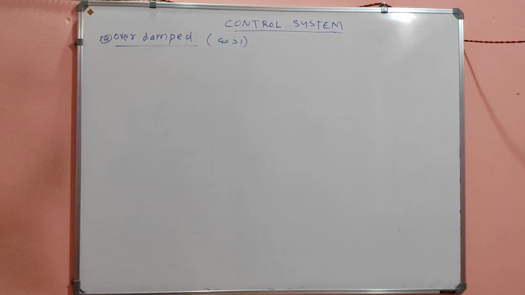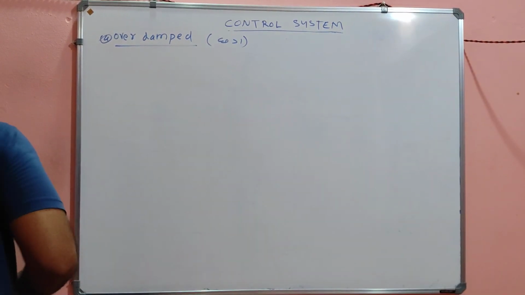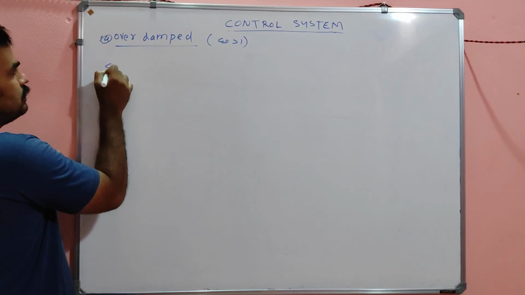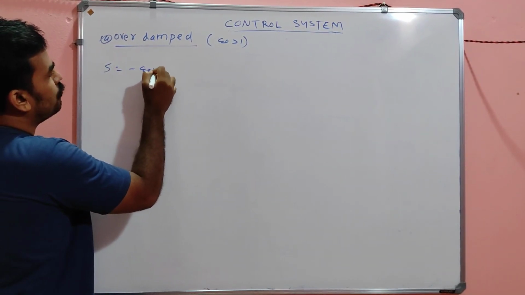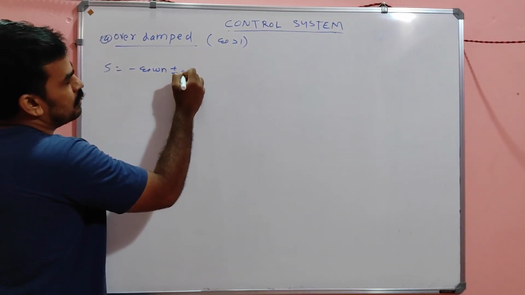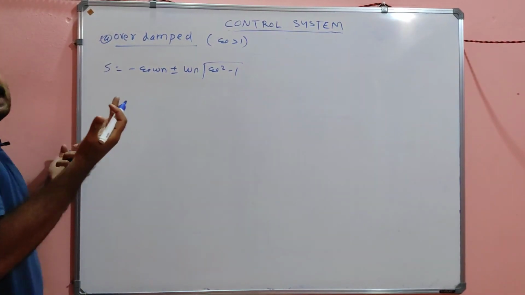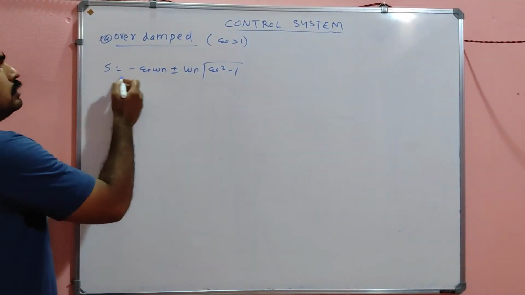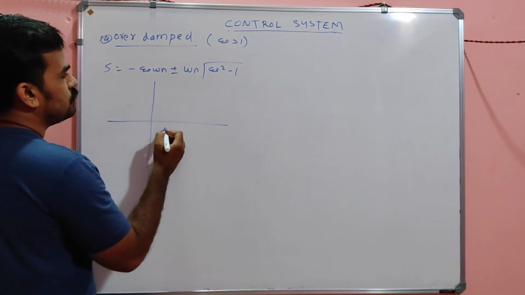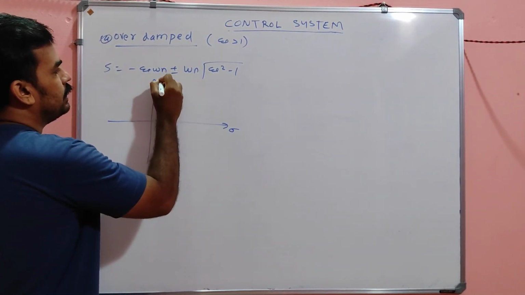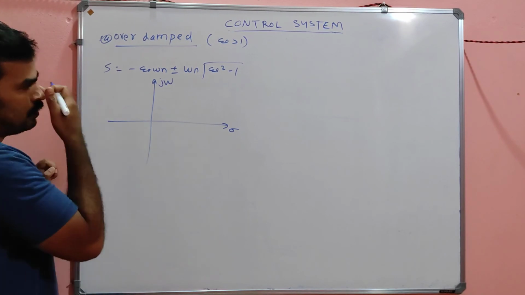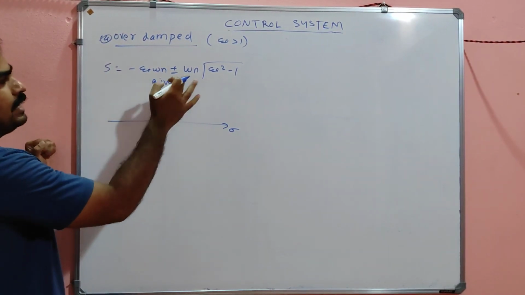So what will be for the over-damped case? Over-damped condition. We have the general value of s equal to minus theta omega n plus or minus omega n root of theta square minus 1. This is s value and this will be sigma plus j omega. Is there any imaginary term?